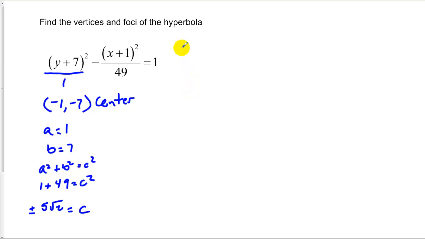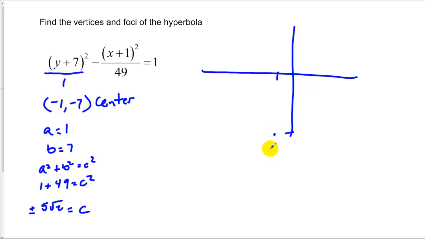So then I'm going to just sketch what this looks like real quick. (-1, -7), somewhere down here. And then I know that this has to be a vertical hyperbola, so I'll move up 1 and down 1 and left and right 7.